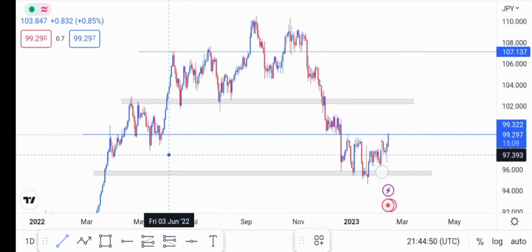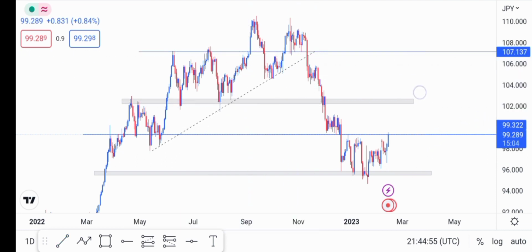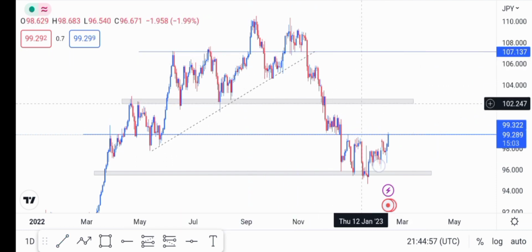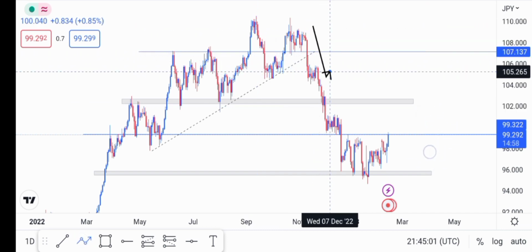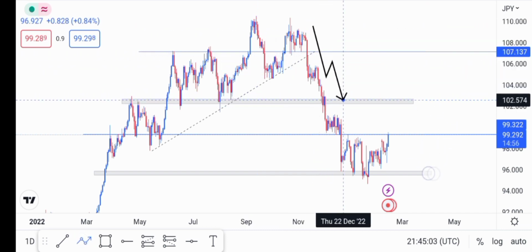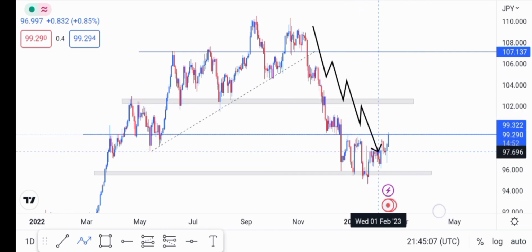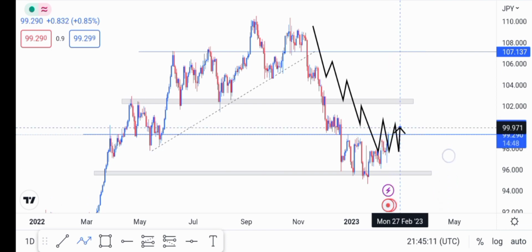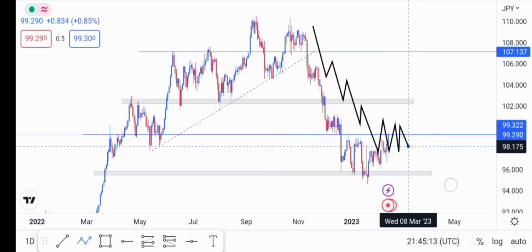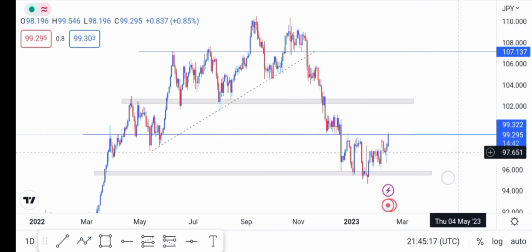On the daily time frame, you can see that the market has been going to the upper side like this, and it did break off right over here and went to the lower side. As you can see, it's been creating push, rejection, correction, push, correction, push, correction, push, and now you're on the consolidation stage. When we see a consolidation stage, there are two ways the market could go, either up or down.